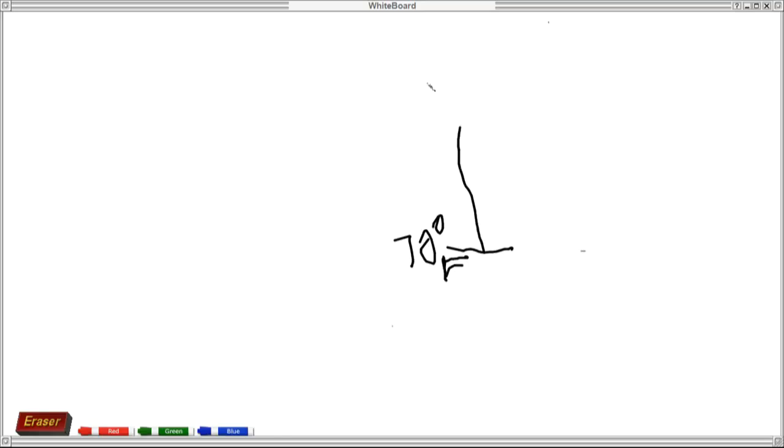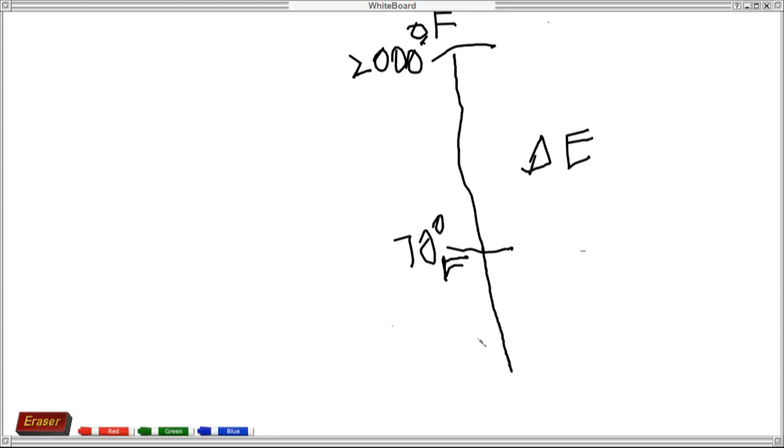You have that much energy, and you have the energy that you heated it up to, 2000 degrees F. Okay, so you have this big chunk of energy, which is your delta E. Okay, now of course you also have your X amount of energy from the liquid oxygen, which is X degrees F.